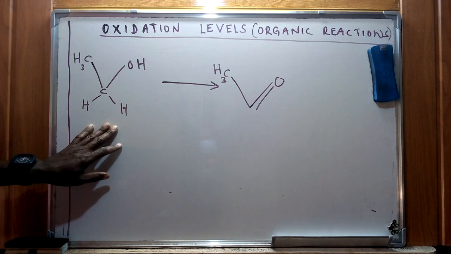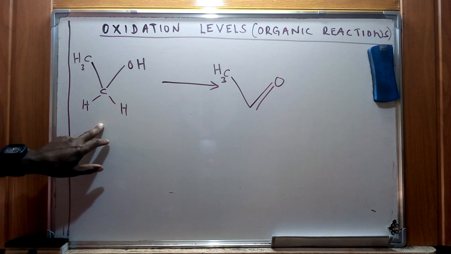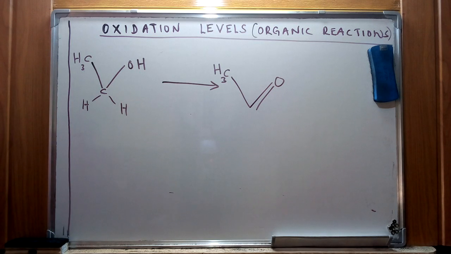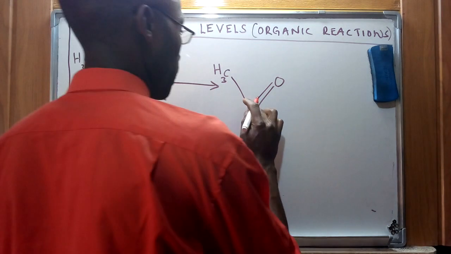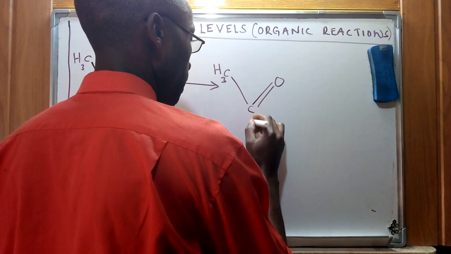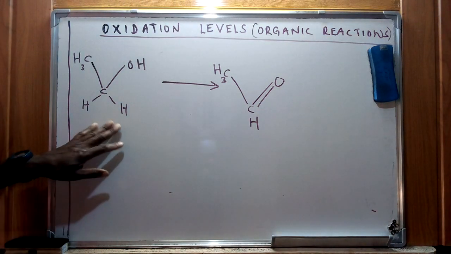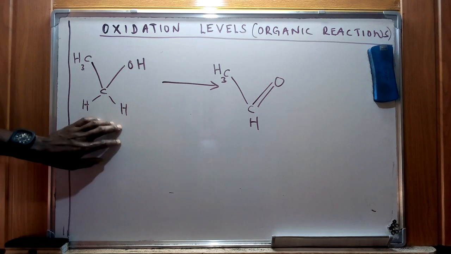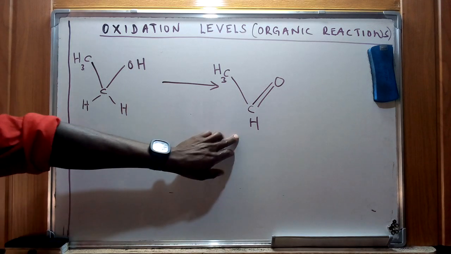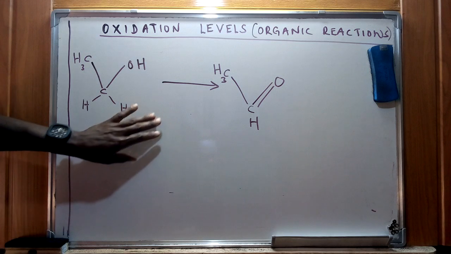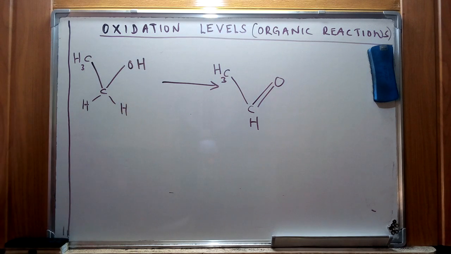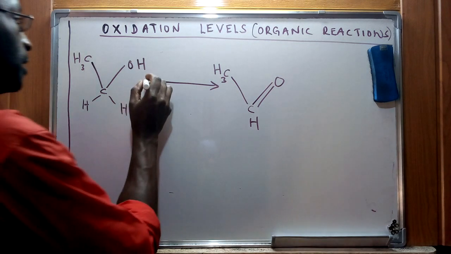Just for the sake of illustration, I'm going to show the carbon and the hydrogen at this specific point. So we are going to consider the number of hydrogens present in this species before it is transformed to another one, and that is going to help us identify the kind of reaction which is taking place.